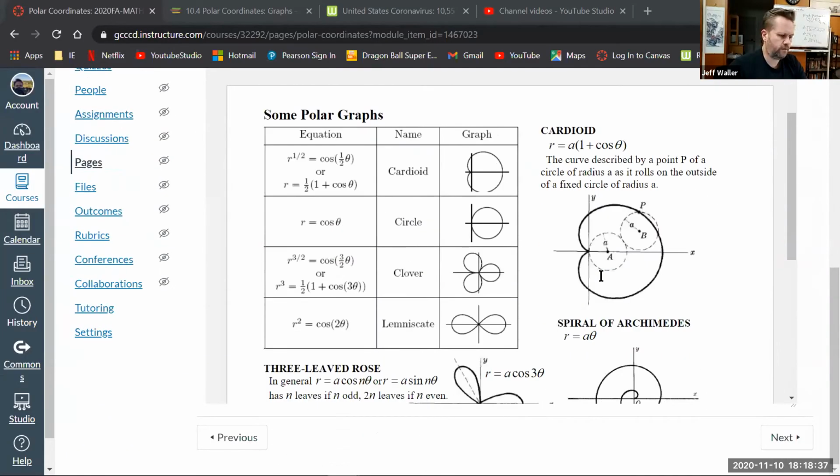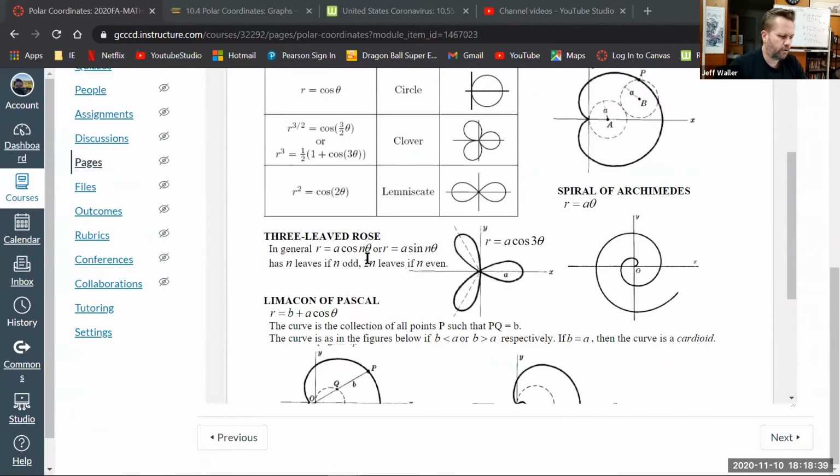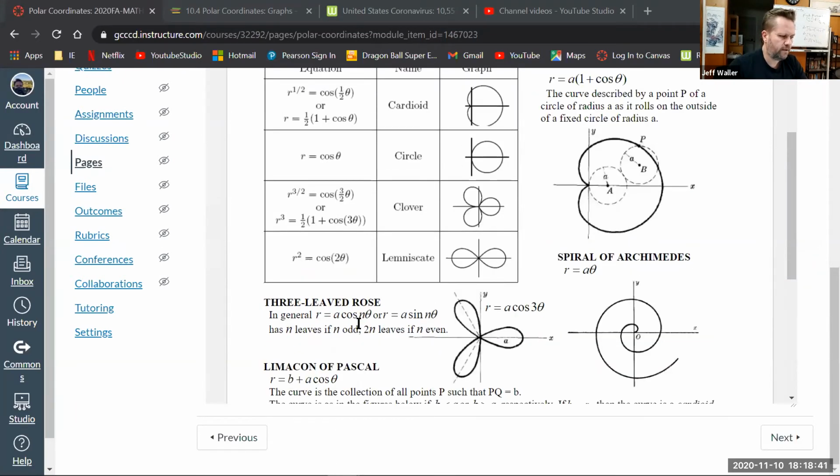All right, so here's what that's coming from. So the roses, right? The roses. So here's the lemniscates we just did right here. And see how specifically if there's a 2 in there, it's going to be this type of lemniscate, right? Okay, so that's basically what we just did.